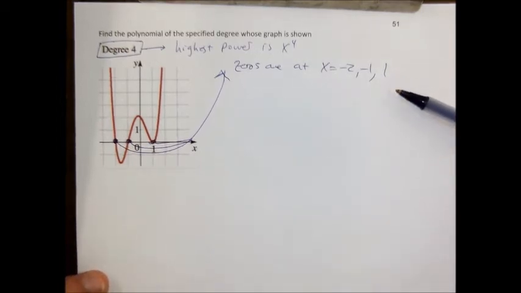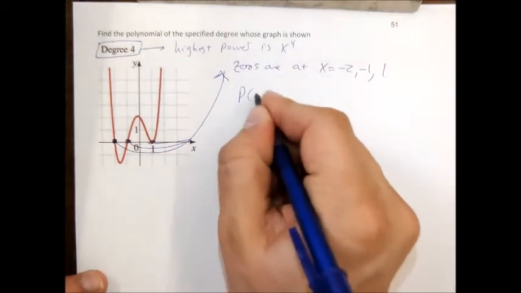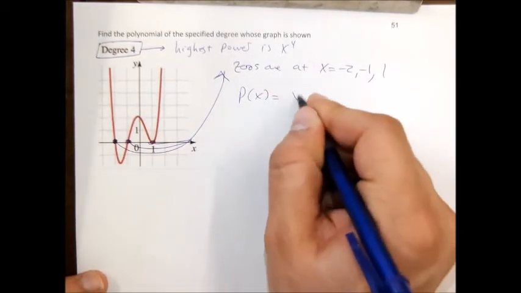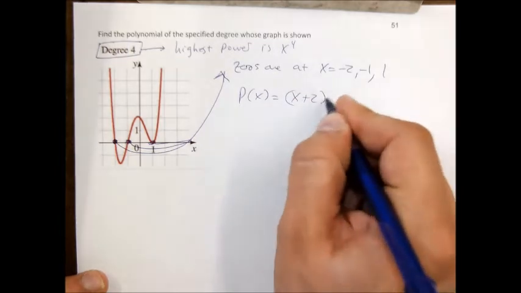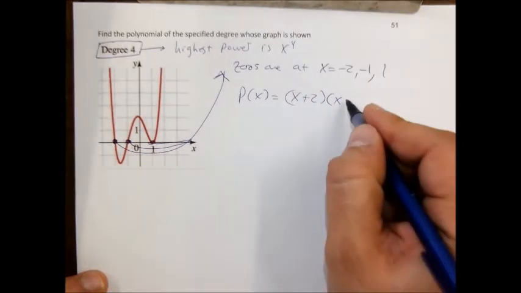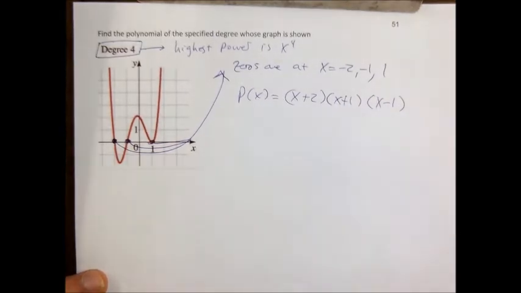We just had to look at the graph and figure out what the zeros were instead of being told them. But now that we wrote them down, it's the same problem. And so I know then our polynomial can be written as x minus those things, right? So x minus minus 2, so x plus 2. X minus negative 1 is going to be plus 1. And then x minus positive 1.